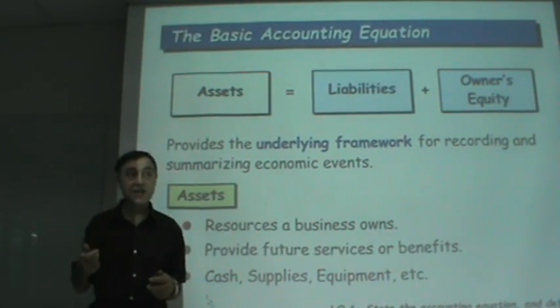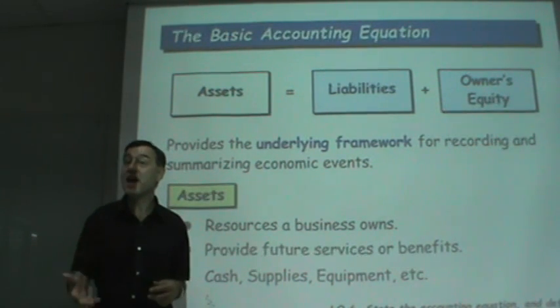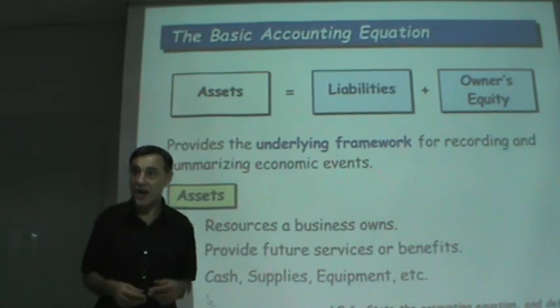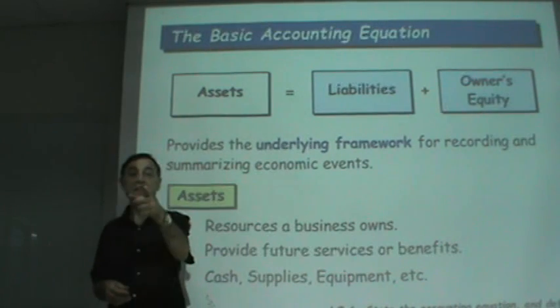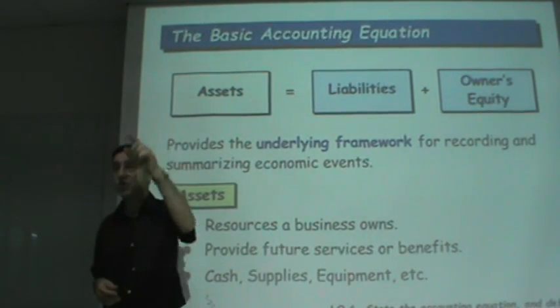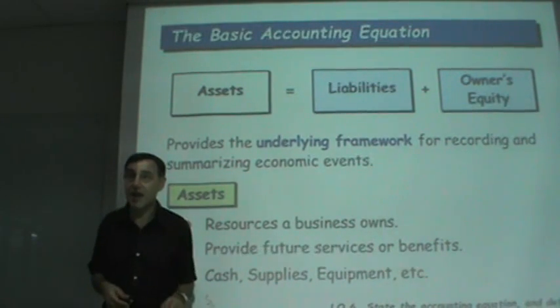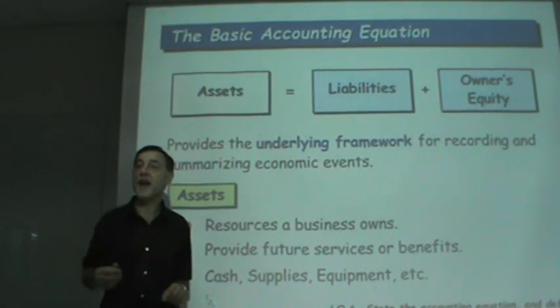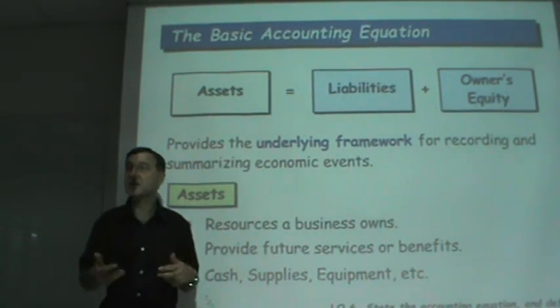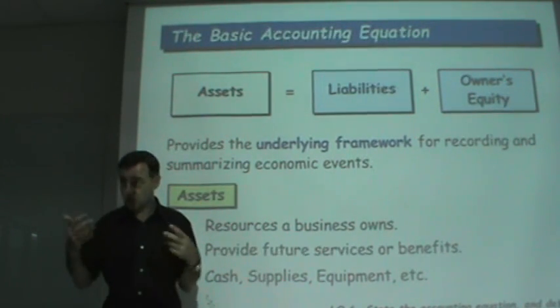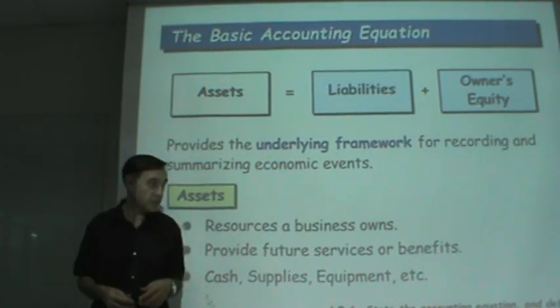In other words, something you use to make money, okay? I gave you as an example, the camera is an asset, the projector is an asset, this whiteboard is an asset, okay? The computer is an asset. So all of these things are used to generate revenue.